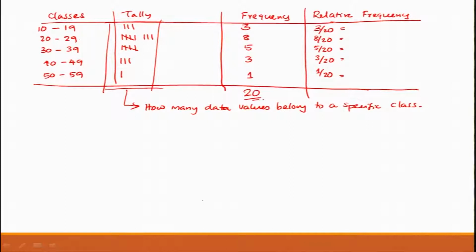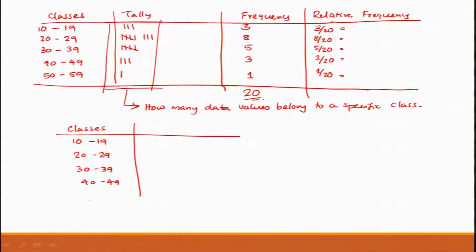Now, assume that instead of doing this, I revise this diagram. Let us look at a scenario where I have the same classes, 10 to 19, then 20 to 29, 30 to 39, 40 to 49 and 50 to 59. Instead of the tally, I have 3 values belonging to 10 to 19.